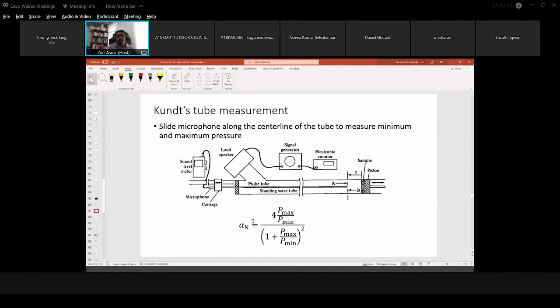So α, or absorption coefficient for this particular material, is equal to 4 P max over P min, divided by (1 + P max over P min) squared. Okay, so the maximum and minimum pressure is known by moving this carriage along the line, okay, to determine where our sound pressure is minimum and where it is maximum.